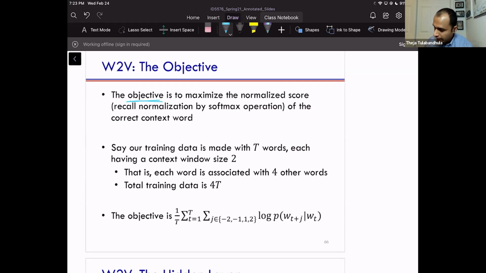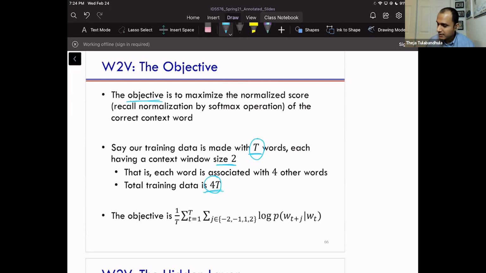Let's say the training data has capital T words, and a window size of 2, which means that for every word there are going to be 2 words before it and 2 words after it, which are part of the training data. So each word gives us roughly 4 training examples, 2 on the left side and 2 on the right side. Those are all my training examples, roughly.